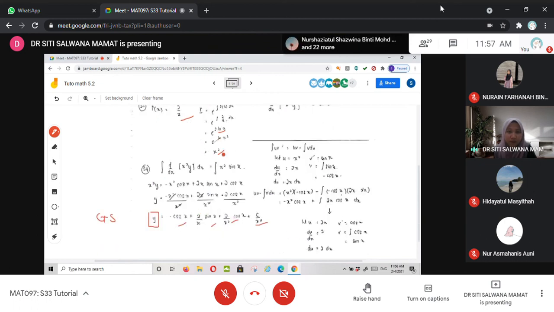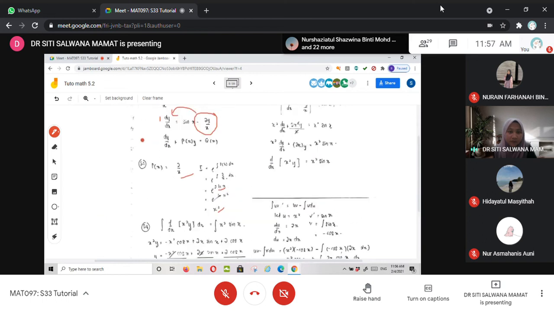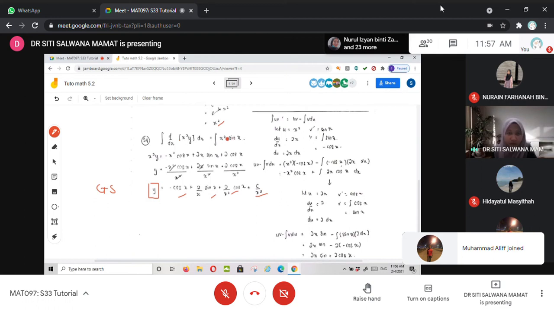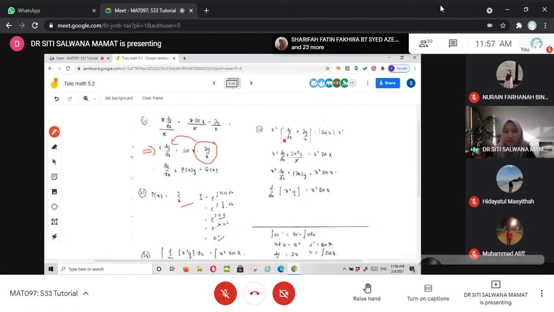Okay, integrating factor again you timeskan dengan you punya ni lah standard form. Okay, you have this. Okay, mana dia? Kat sini. Yang ni lah. Which is you did this and then you monitor kat sini. Okay, yang ni actually adalah product.